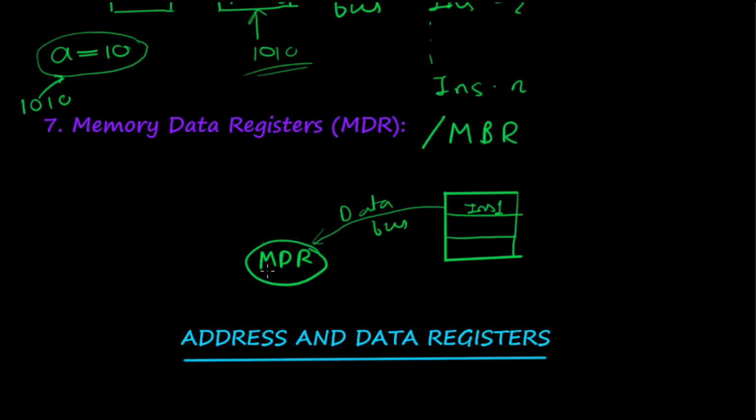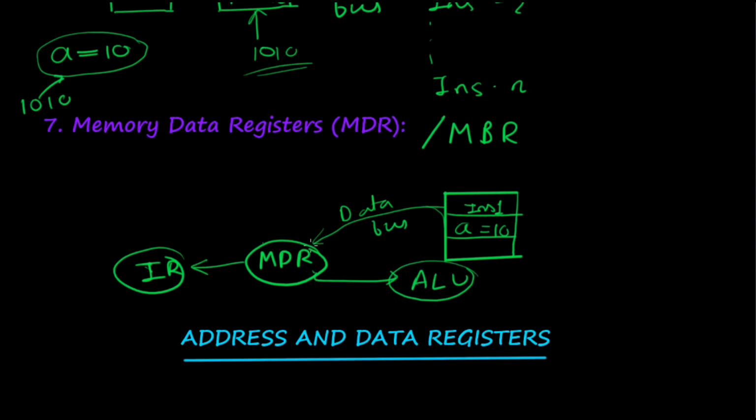The MDR will hold the binary of that instruction. And from that MDR, it will go to the IR, or instruction register. Now suppose you are not fetching an instruction, you are fetching an operand. The operand also comes through the data bus itself. So from the data bus you take that operand to the MDR, and from the MDR it can directly go to the ALU. So it is like this.